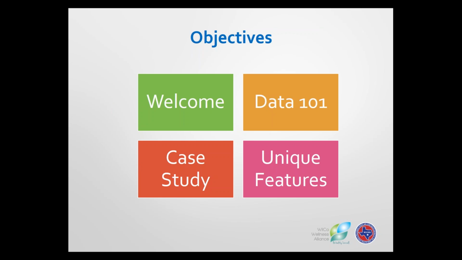Two, we're going to do a brief scavenger hunt case study, finding one example of data. And three, we're going to look at some of the unique features on the website. I want to encourage everyone: the website can look intimidating, but once you learn the ins and outs, it gets easier to search for data.